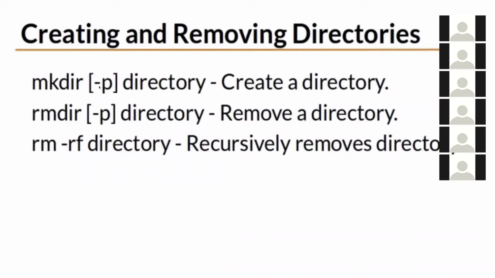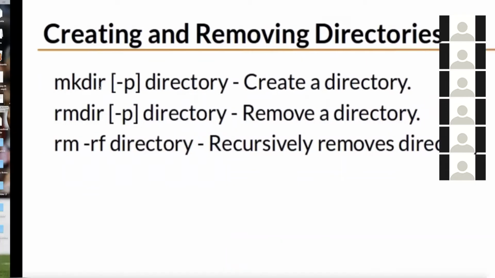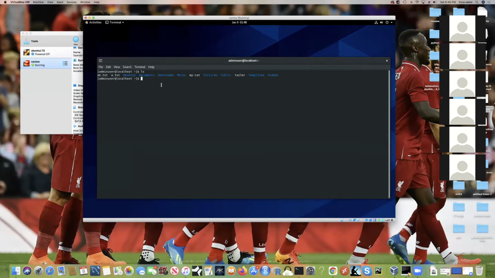The -p means parent, which means that if I wanted to create a directory like, Bajo, I know you're asking if there was a DevOps and then there was a Ramesh in there, if I wanted to create all those four directories in one go, the -p is for you to create the parent directories as well.